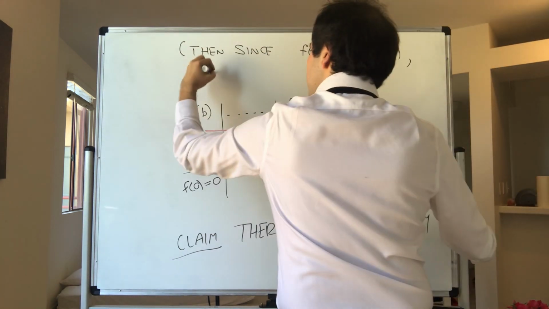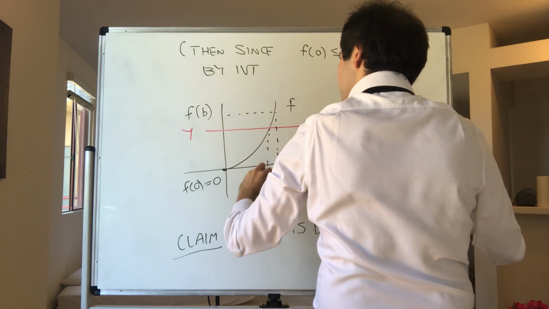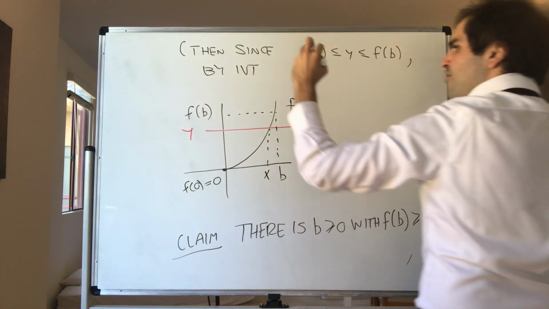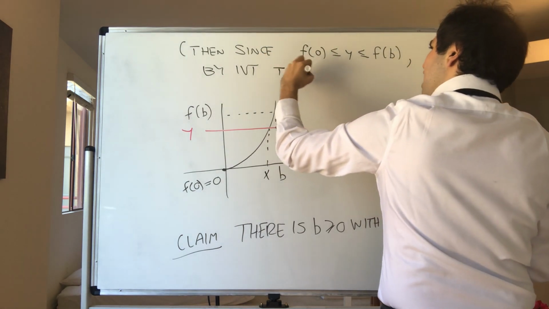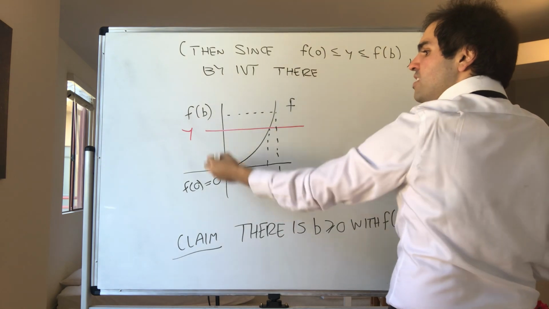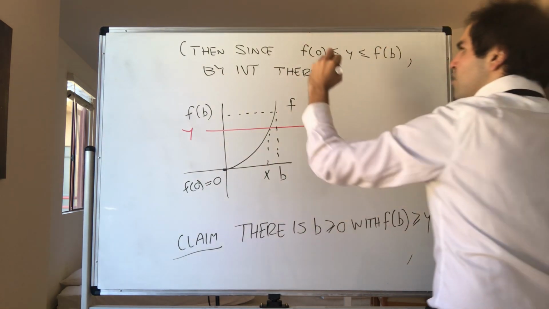by IVT, we must find some x such that f of x equals y. Because again, IVT says f attains all the values between 0 and f of b, in particular y.